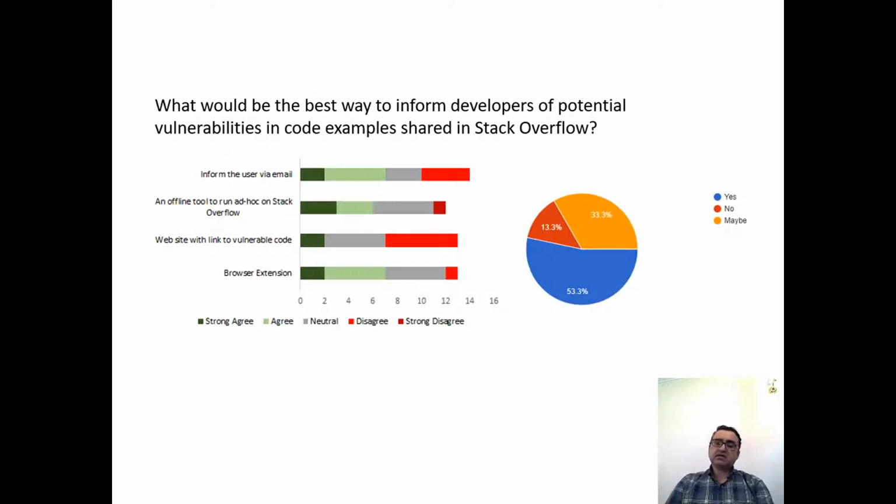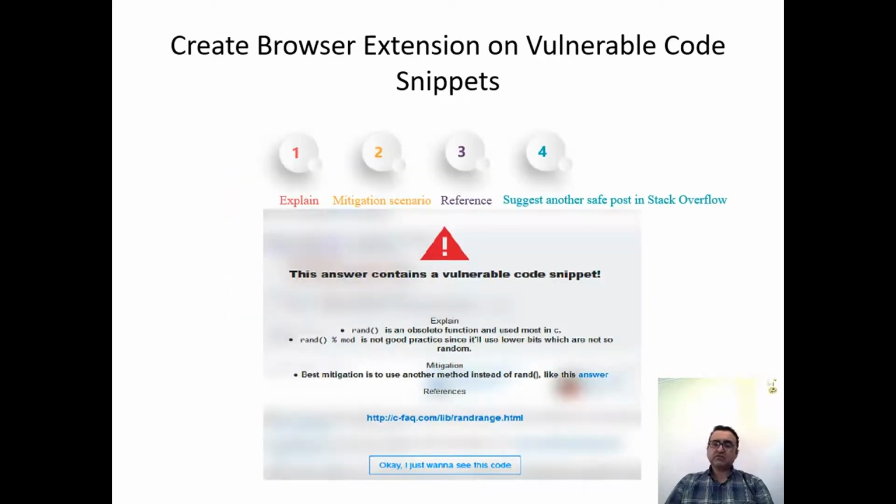Based on the answers to their questions, we felt that an online and informative tool was needed, so we created a plugin for all the browsers that can explain. It provides mitigation scenarios and references, and suggests another safe post on Stack Overflow.